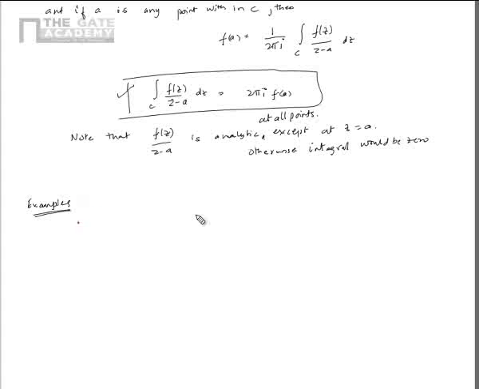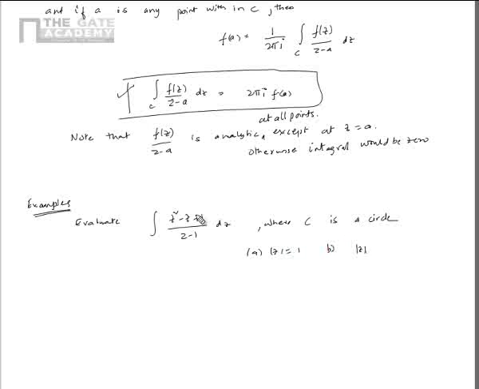Evaluate the integral of z square minus z plus 1 by z minus 1 dz, where C is a circle. In the first case C is a circle with radius 1 and origin as the center.